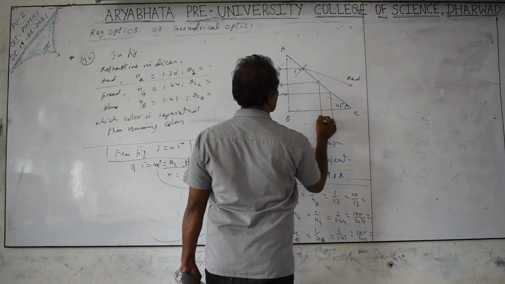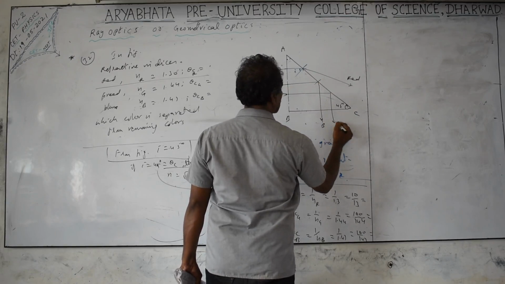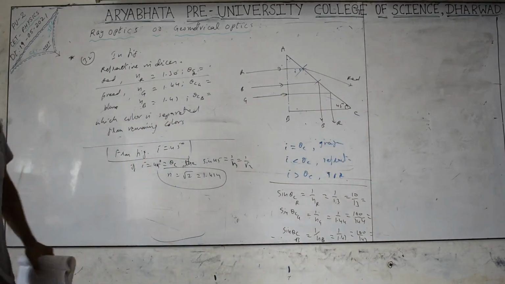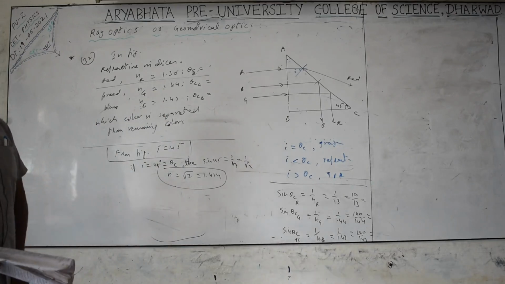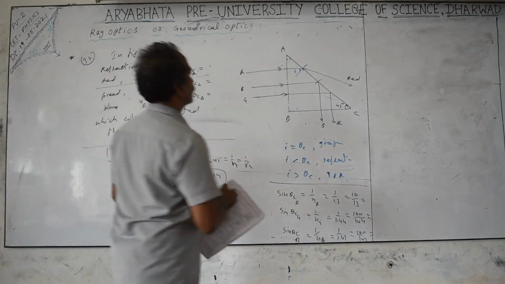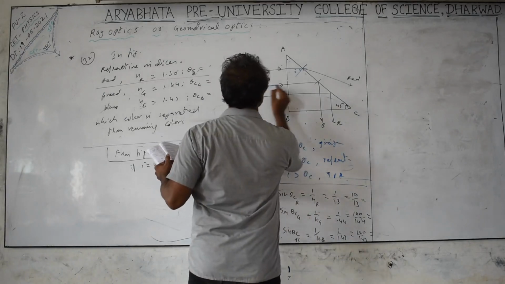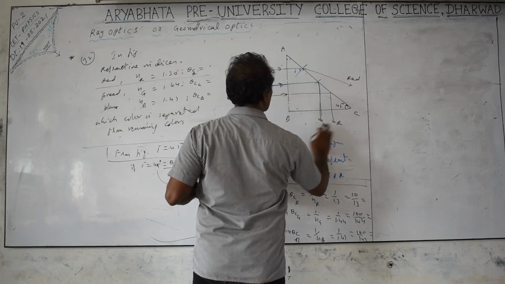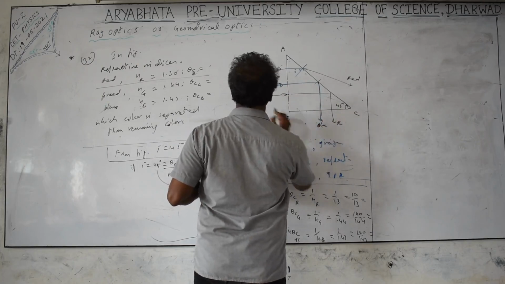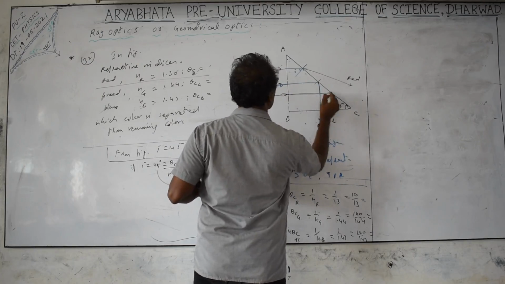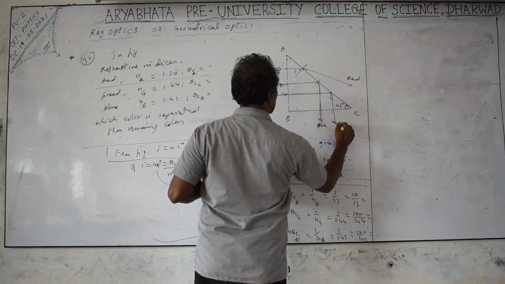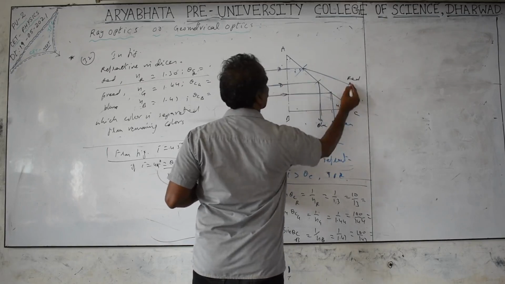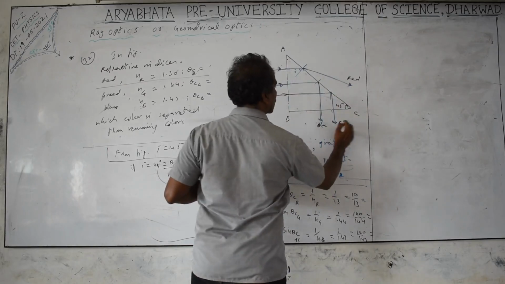So this is blue, this is red, and sorry, this is the green. Red will be going out. Red goes out, blue and green will be separated.